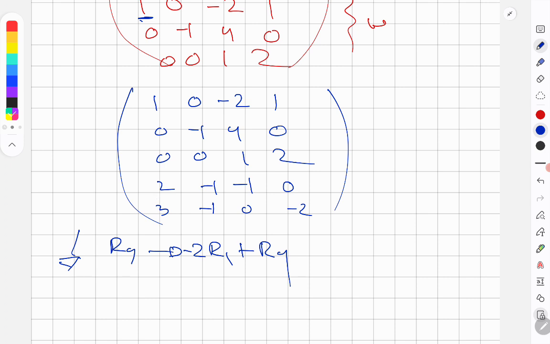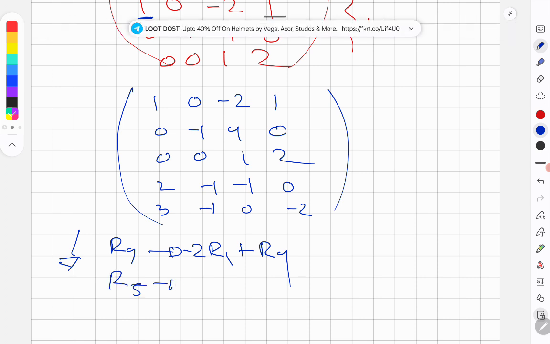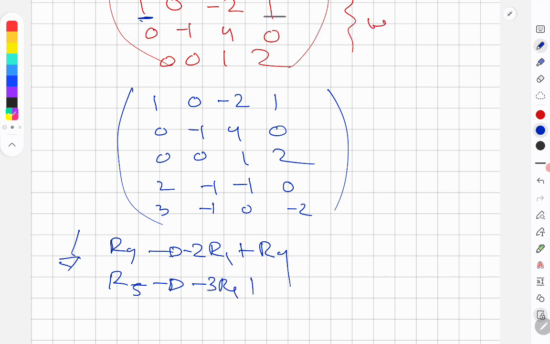And I will multiply R1 by -3 and add it to R5. So what will happen?